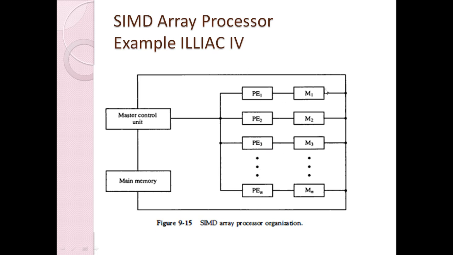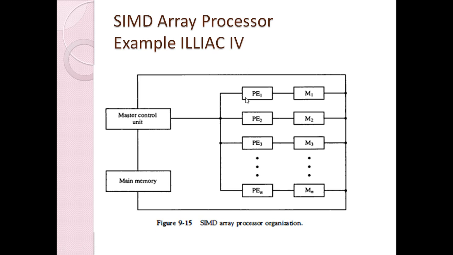Each processing element has its local memory M1, M2, M3, M4. So these local memories can communicate with this main memory. These processing units receive data, control or command or instruction from this master control and there are multiple data sets.